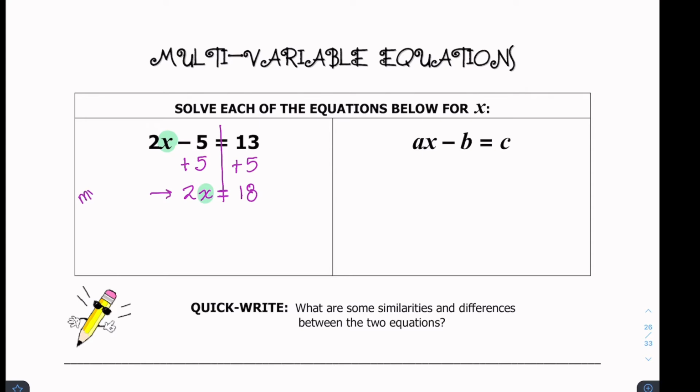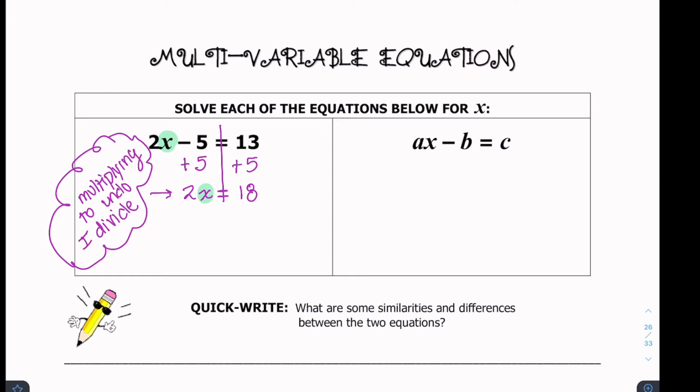We are multiplying. What is happening here is multiplying. To undo, I divide. Ladies and gentlemen, you must have this written on your notes. So to undo it, I'm going to divide by a positive 2 so that x equals 9.